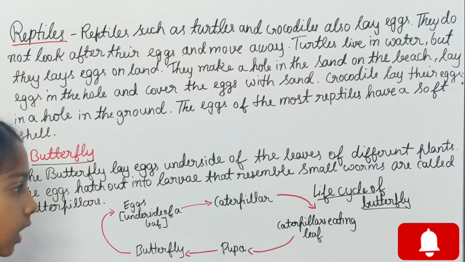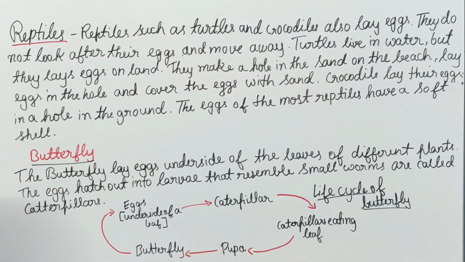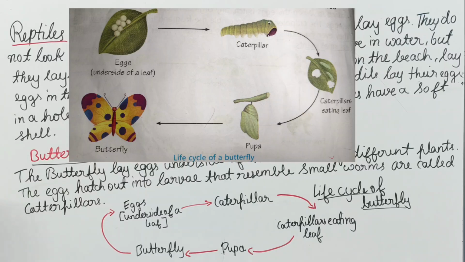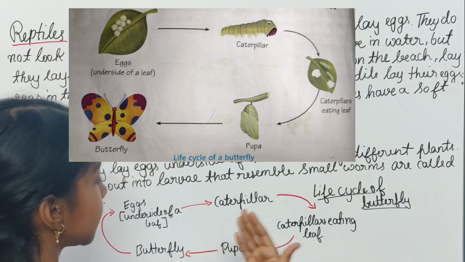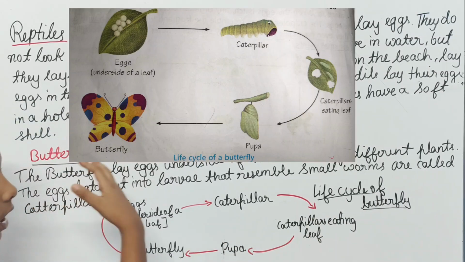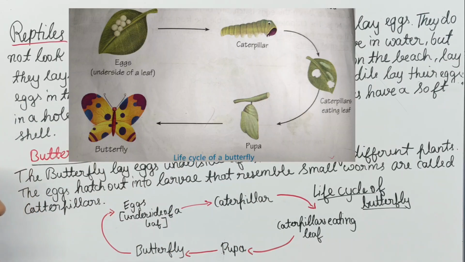So the caterpillar after eating leaves makes a pupa, because to develop a butterfly, the caterpillar forms a pupa. And then this butterfly once again lays eggs, and then becomes a caterpillar, eats, then becomes a pupa, then a butterfly. Like that, this whole process repeats again and again.